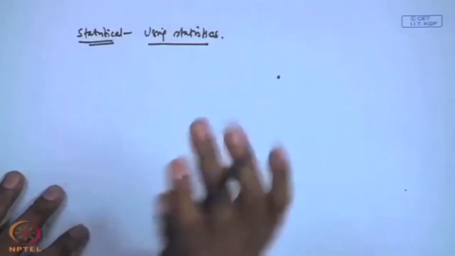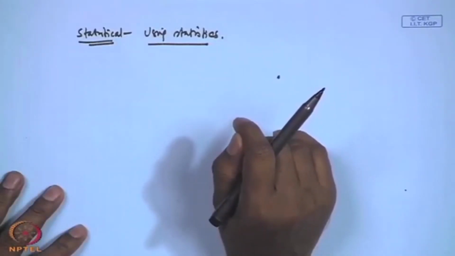We want to infer something about the population, and we collect data accordingly. We organize the data, we analyze the data, then we find the results. That result we summarize, and based on the summarization, the key findings we infer about the population. That is how the word statistical is used.